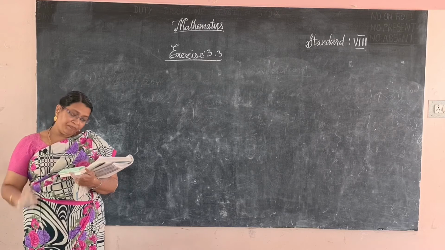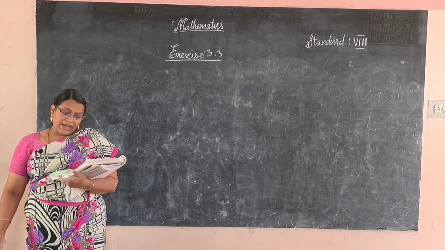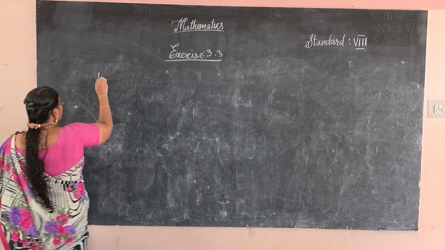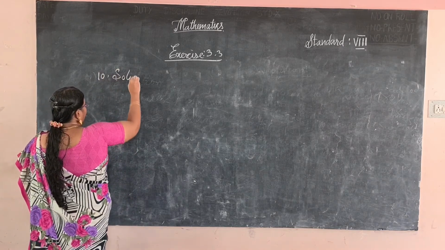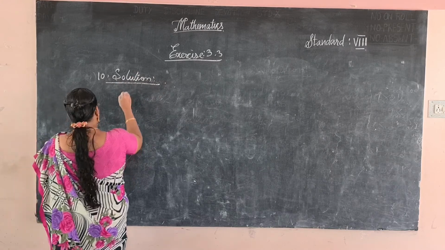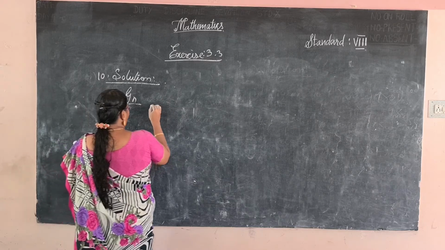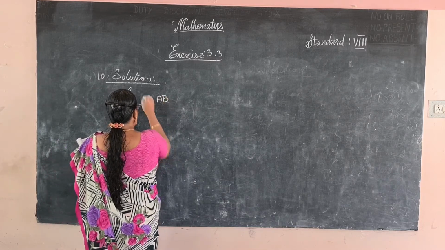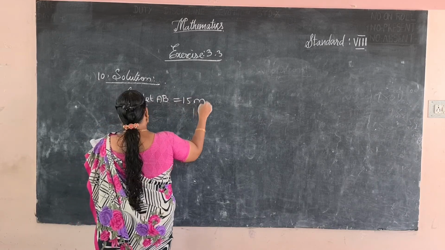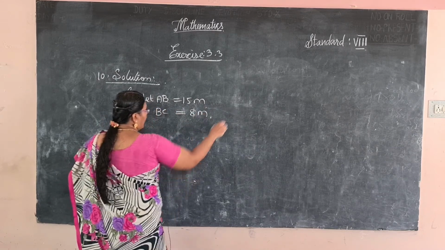A right angle triangle ABC, whose two sides are given: AB is equal to 15 meter and BC is equal to 8 meter.